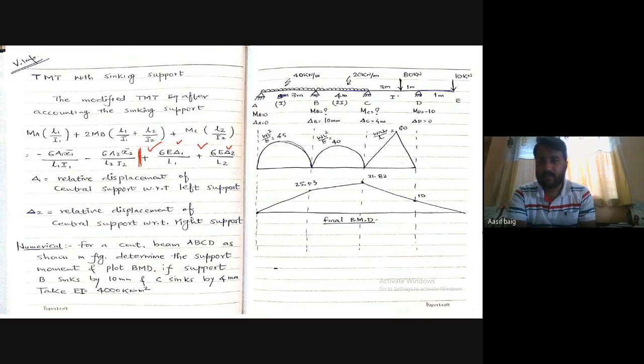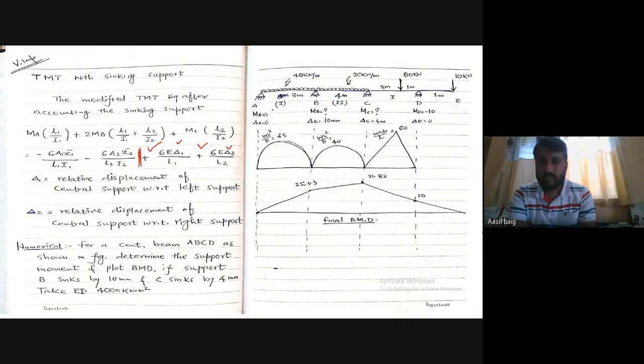CD span carries an eccentric point load of 80 kilonewton, 1 meter from D and 3 meter from C, and moment of inertia is I. Now after span D, there is one overhang of 1 meter, which is subjected to a 10 kilonewton load at the end.